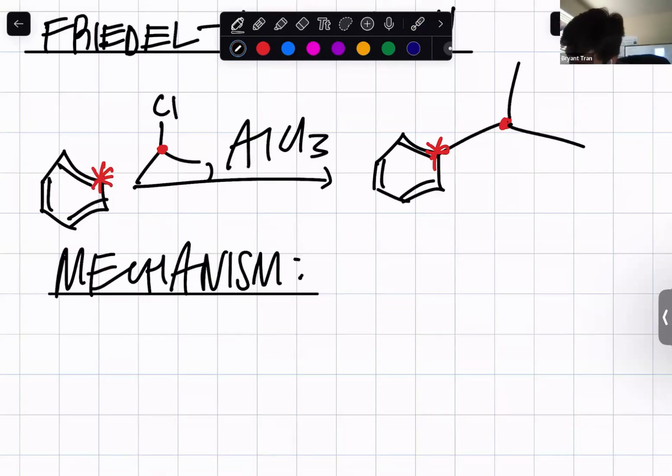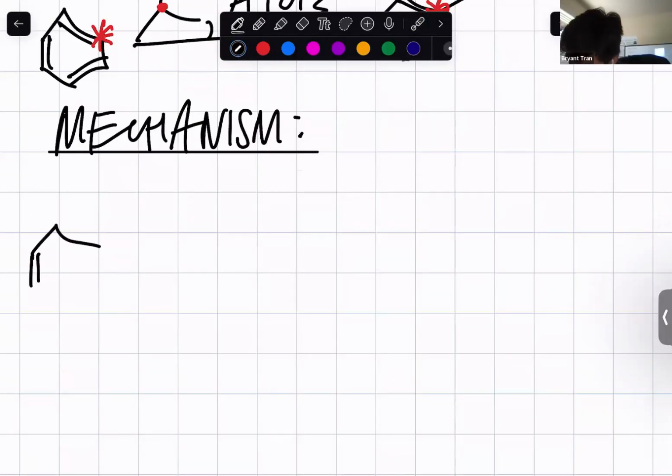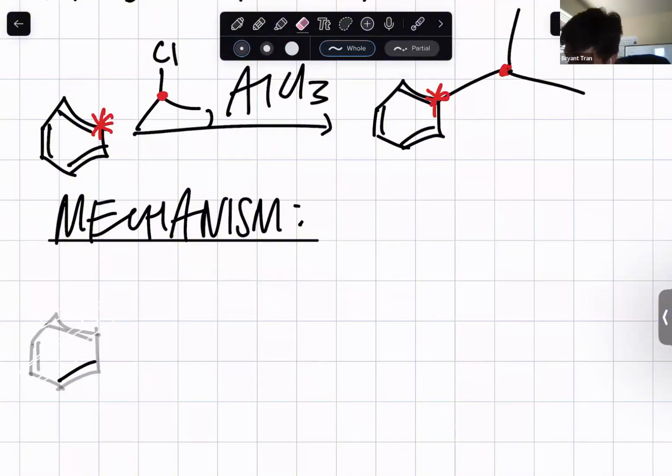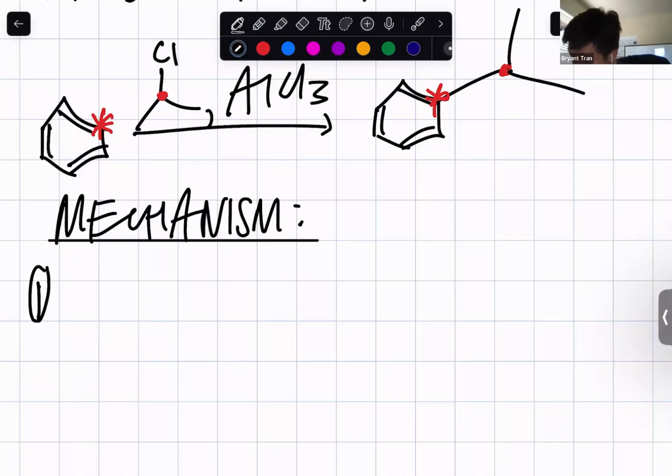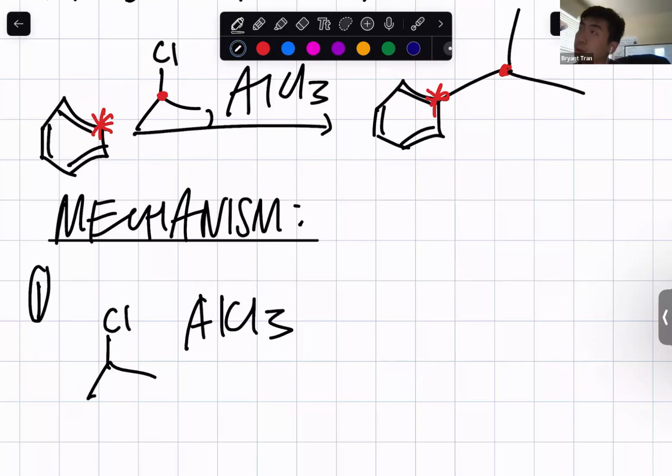So let's say I have this benzene. Well, the first step of all EAS mechanisms is to generate the strong electrophile. So this is our haloalkane. This is our metal Lewis acid catalyst. This chlorine here has 3 pairs of electrons.